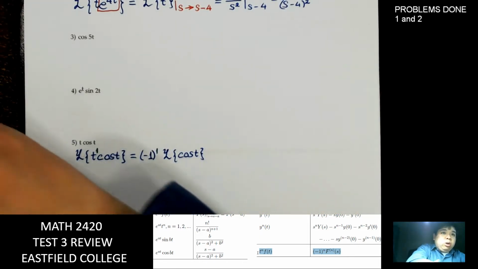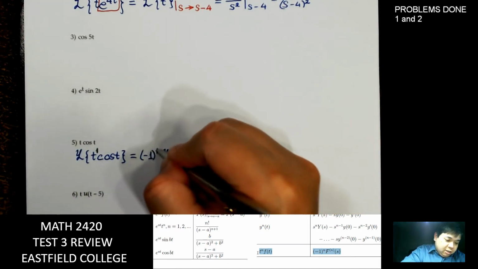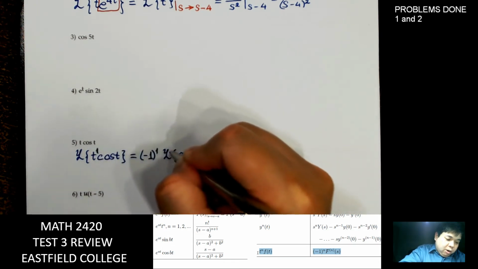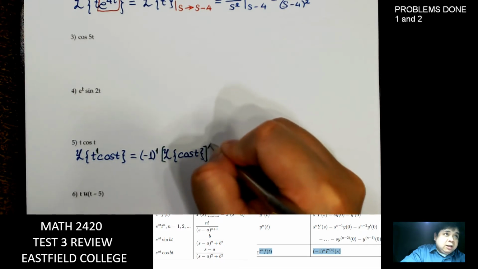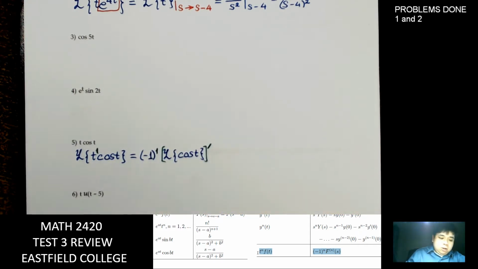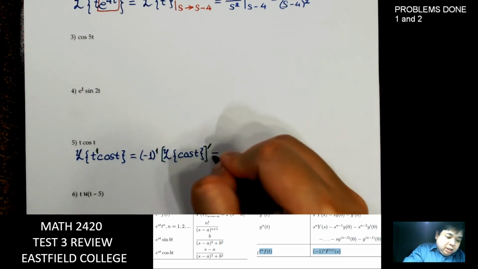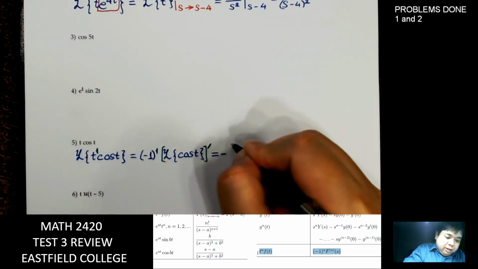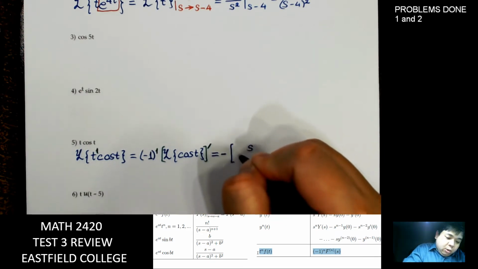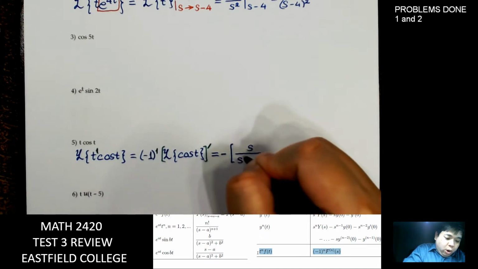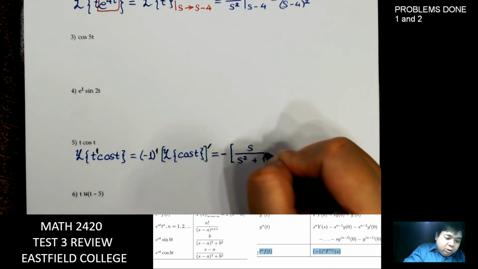But then we have to take the derivative of that. This is the first power, and we will take the first derivative. So the power of t, the power of -1, and the order of derivative, all of that will be the same. So it will be negative. Transform of cosine t is s over s squared plus 1.